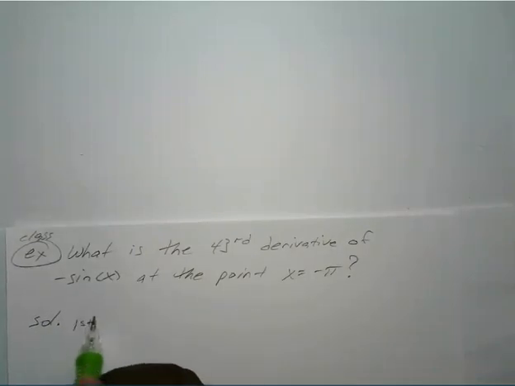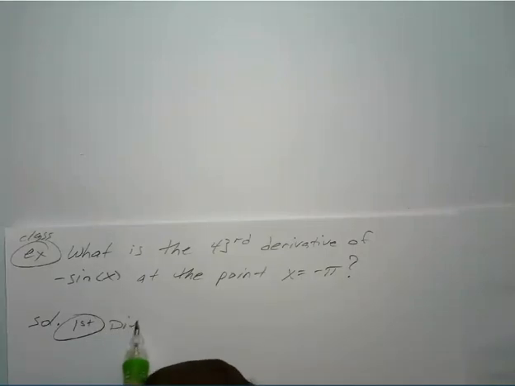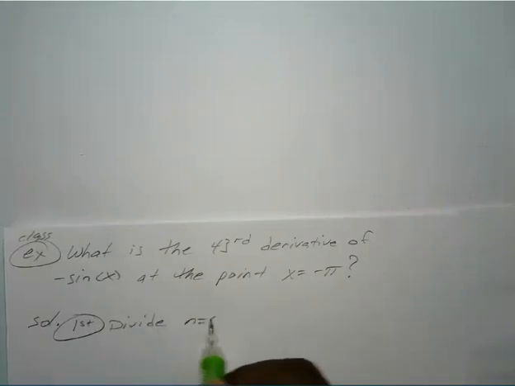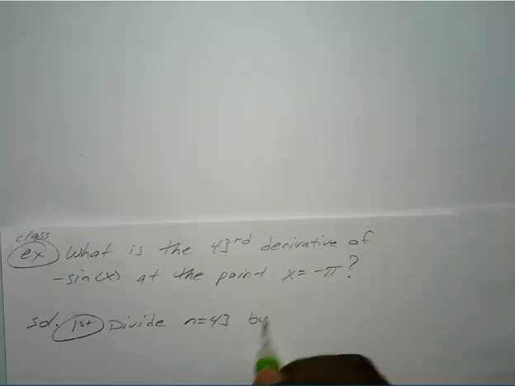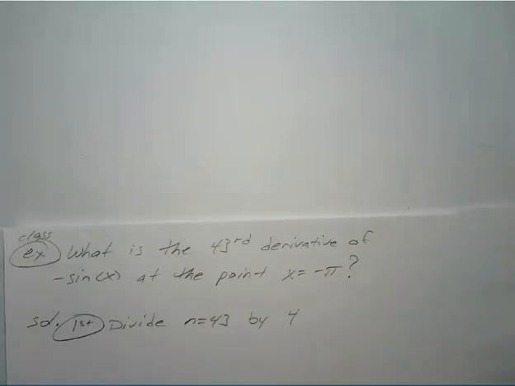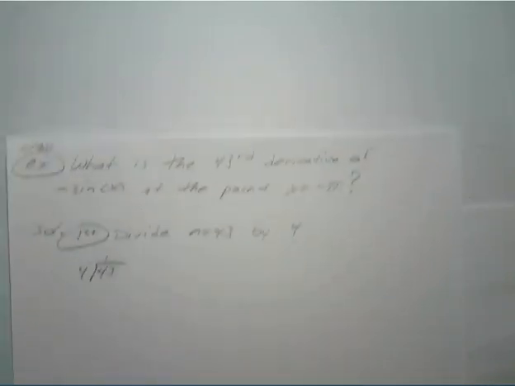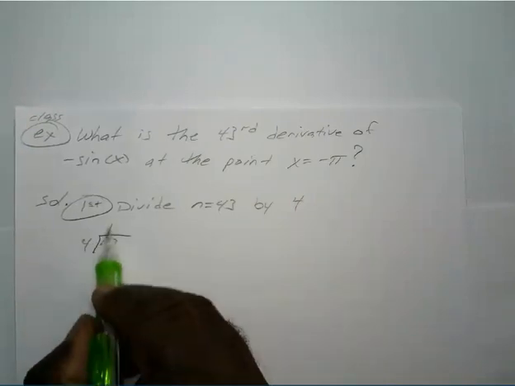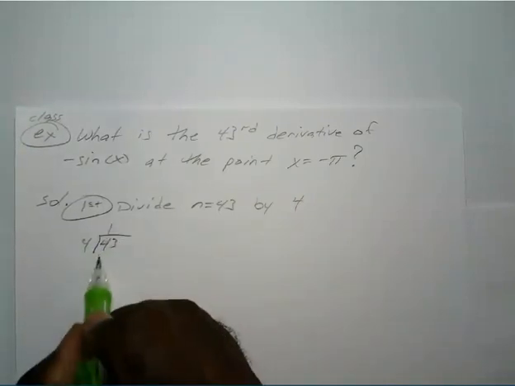Okay, so first thing you want to do is divide n equals 43 by 4. Okay, so you have 43 divided by 4. 4 goes into 4 once. 4 times 1 is 4.